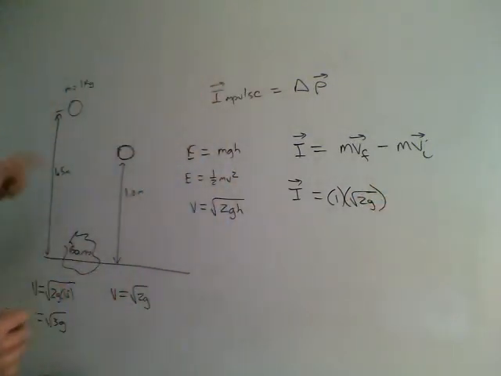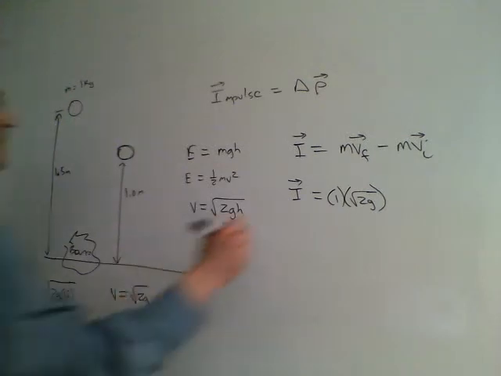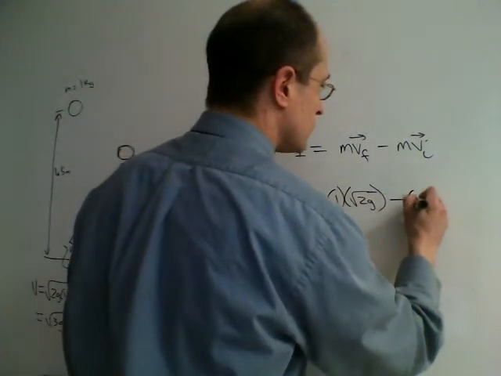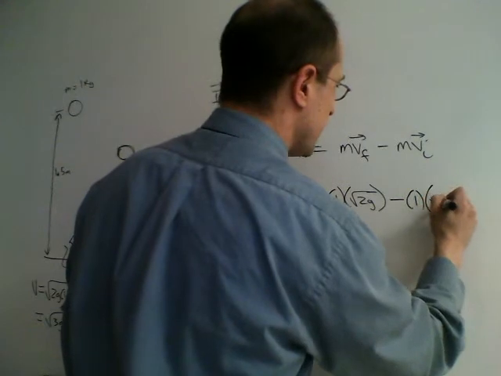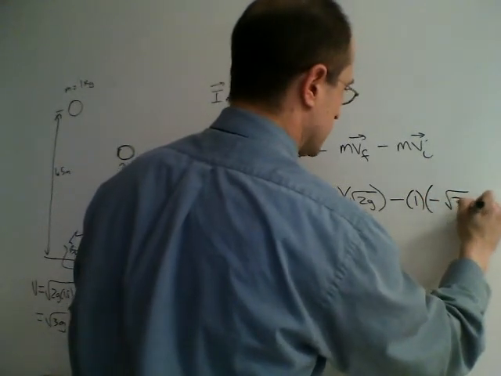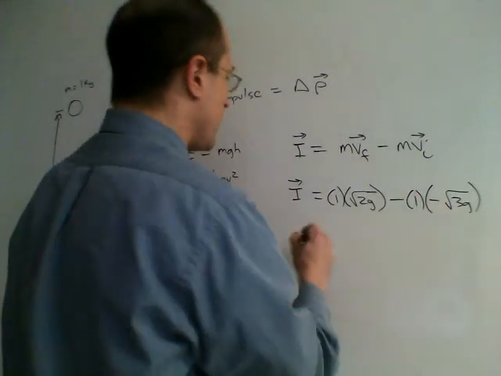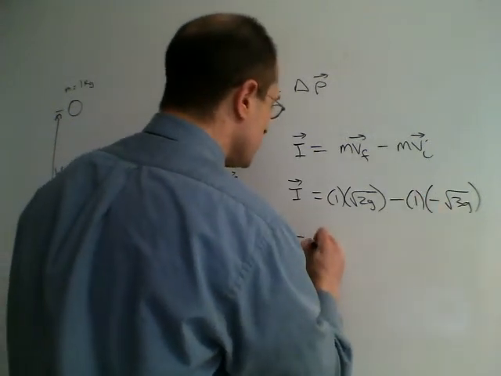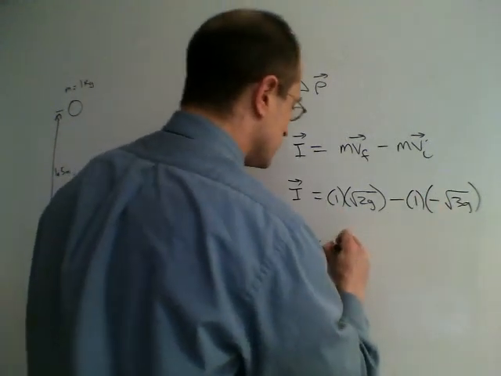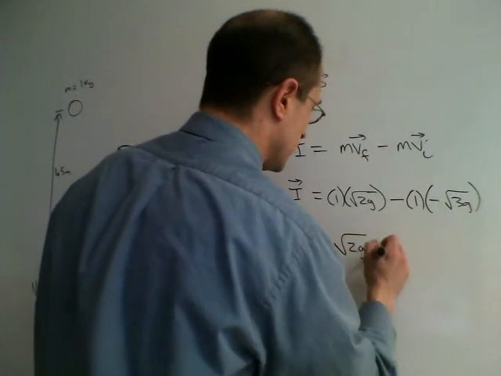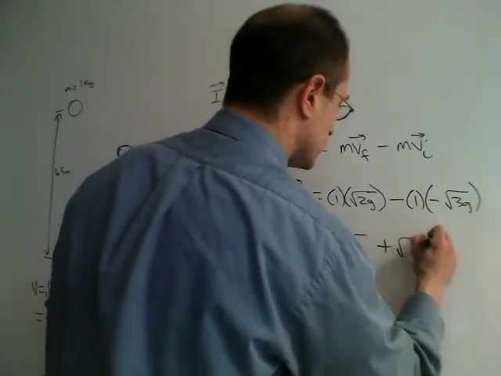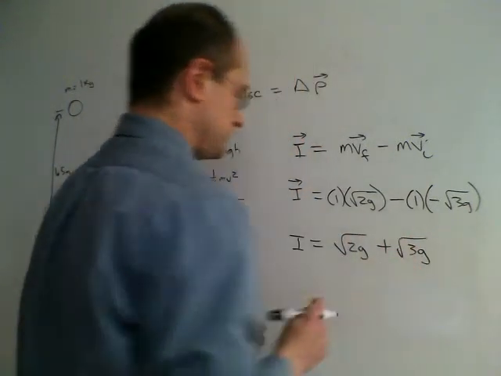Now, how about the initial? Well, the initial is going down, which is negative, so it's minus 1 times negative square root 3g. And the negative times the negative makes this a positive, so the impulse is square root 2g plus square root 3g.